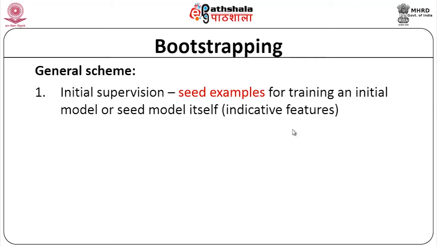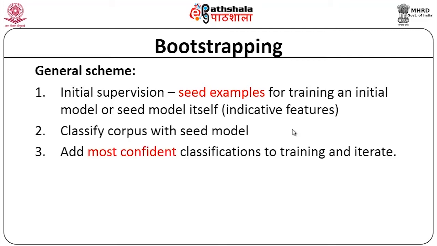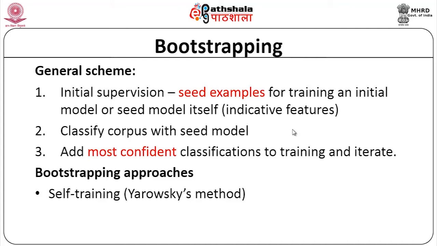Then you classify the corpus, here we are taking documents, with the model that you have developed, either directly given or obtained from the seed examples. Then you add the most confident classifications to training. Whichever you classified very confidently, you add to the training and keep iterating. There are 2 bootstrapping approaches: self-training, which is Yarowsky's method, and co-training.